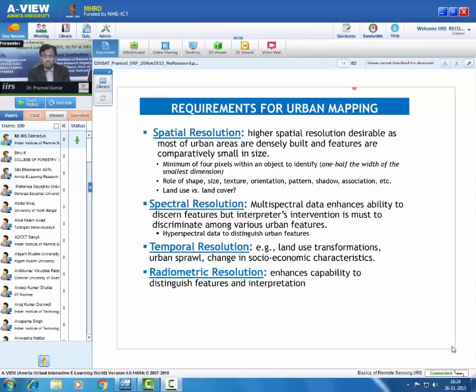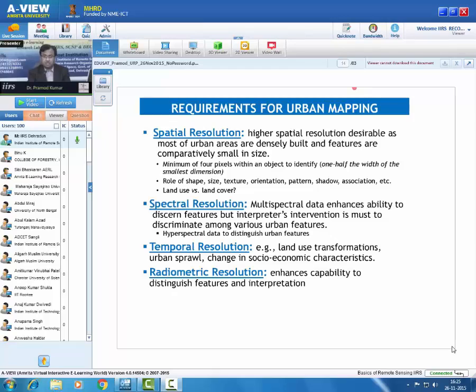There are other issues, that is land use versus land cover. There is also the significance of spectral resolution, because we have to differentiate between urban and non-urban, and also within the urban, several areas which may have a variety of rooftop or other characteristics.